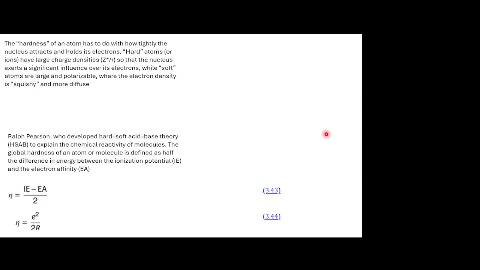So this is actually the hardness of an atom. This has to do with, again, how tightly the nucleus attracts and holds its electrons. Hard atoms, or ions, usually is where it actually matters, are going to have a large charge density. This would be the effective nuclear charge here, divided by R. And so those electrons are extremely tightly bound.